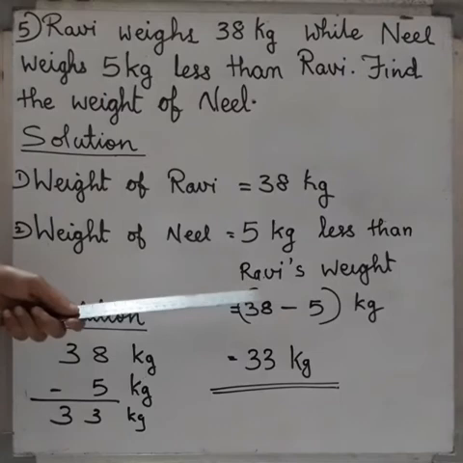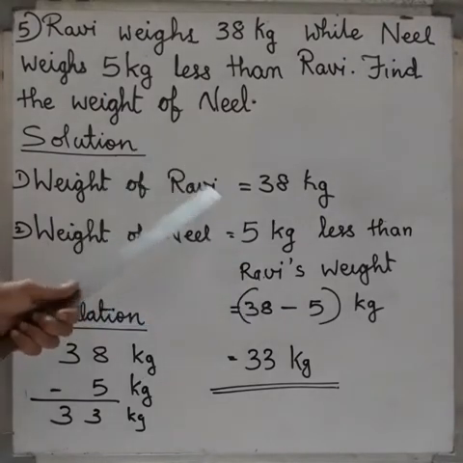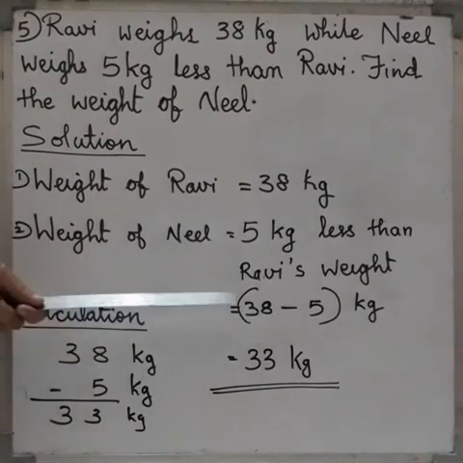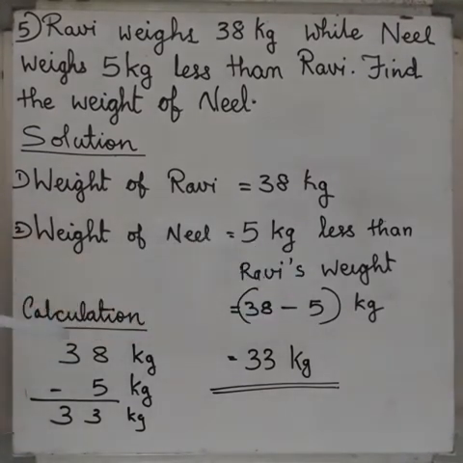So, Ravi's weight is 38 kilogram and Neil's weight is 5 kilogram less than Ravi's weight. That is 38 minus 5. The calculation is done. 8 minus 5, 3. Here nothing is there.